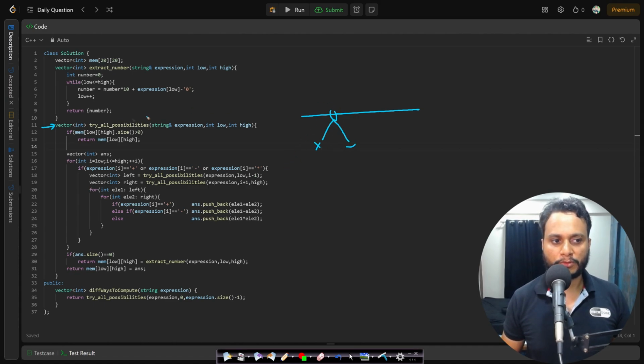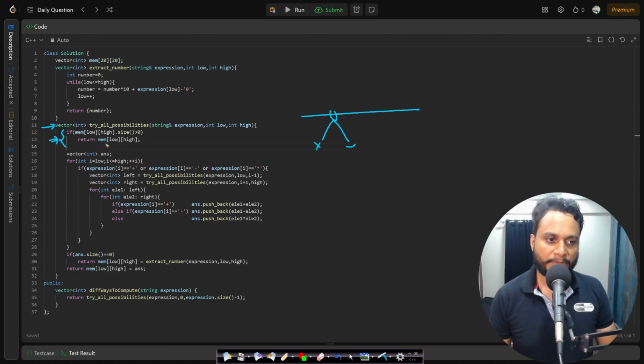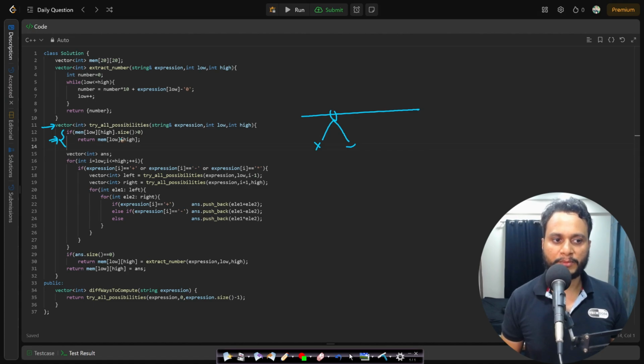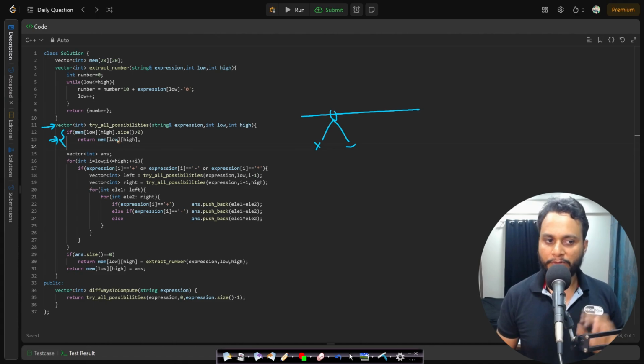If the range was already calculated and saved, then I will be returning it, because I'm checking it based on size, not by -1, because this is containing an array. So this is not just 2 dimension, it is actually 3 dimension, right? If it is calculated, I will return it. If it is not calculated, I will calculate it, and it will be stored in the answer.